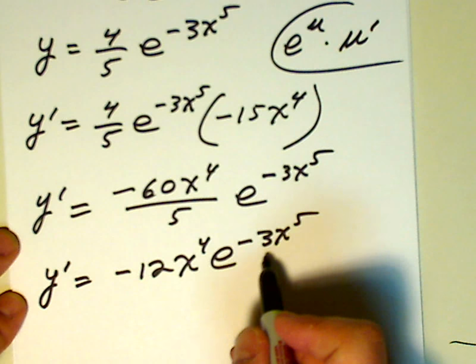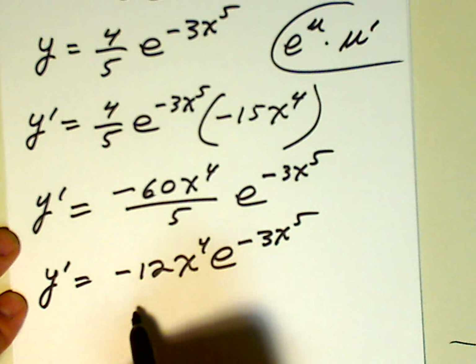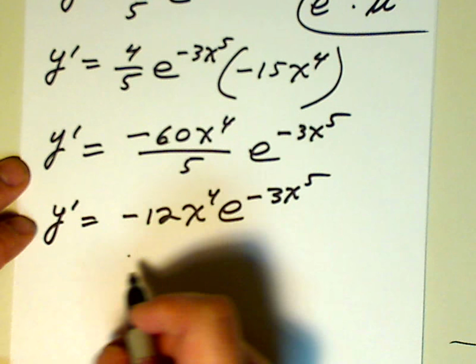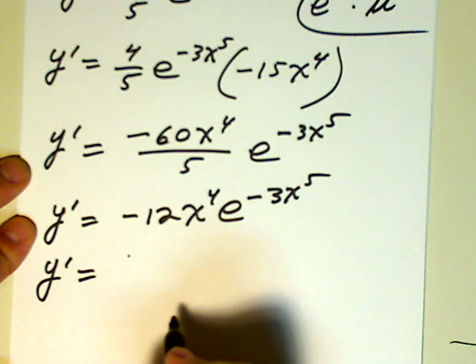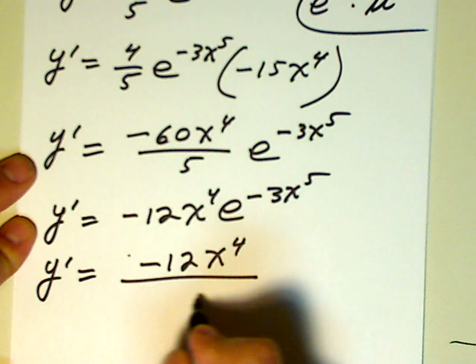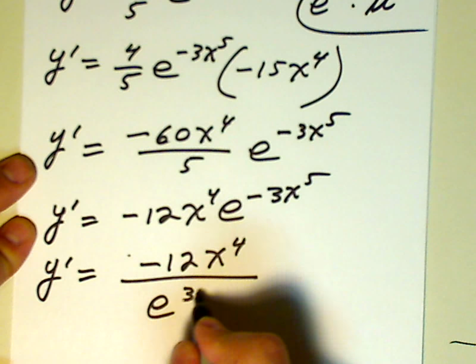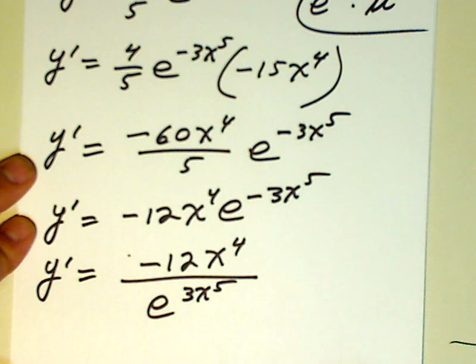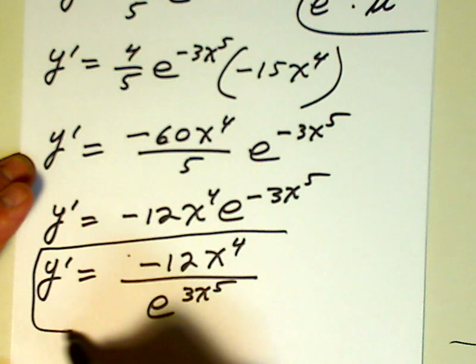And now we're going to kick e to the negative 3x to the 5th into the denominator. So y prime is equal to negative 12x to the 4th divided by e to the 3x to the 5th. So there's the last one.